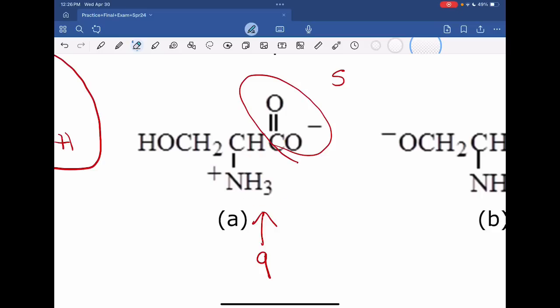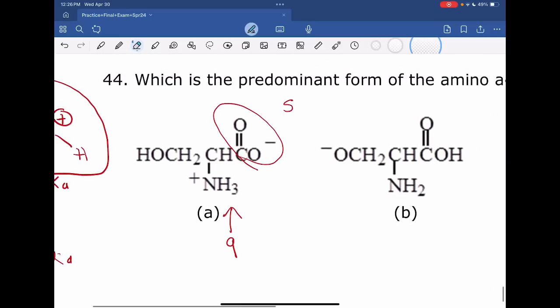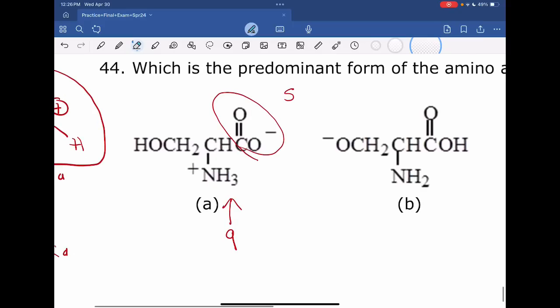And for the carboxylic acid, we said that the pKa was 5. So if you are below that, you will be in the acid form. We are at pH 1, so we will have an H here. You only get this form if you're above pH 5.